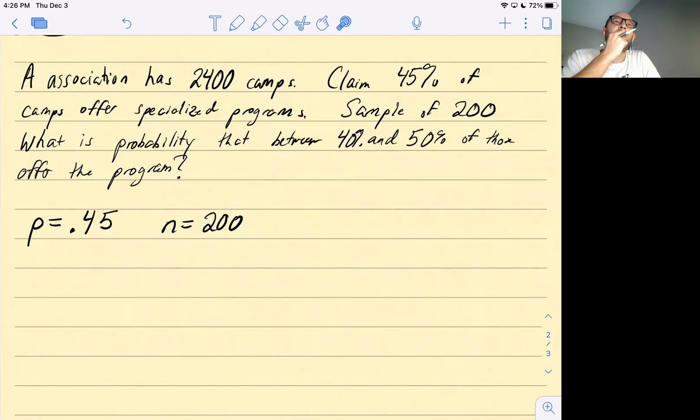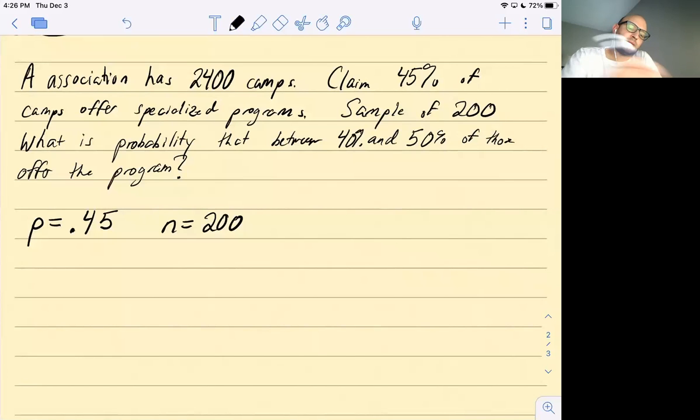Yeah, there is one thing. I believe you do want to make sure that your sample is less than 10% of the population, which in this case it is, and I think that has to do with the independence. But yeah, the 2,400 isn't super relevant.